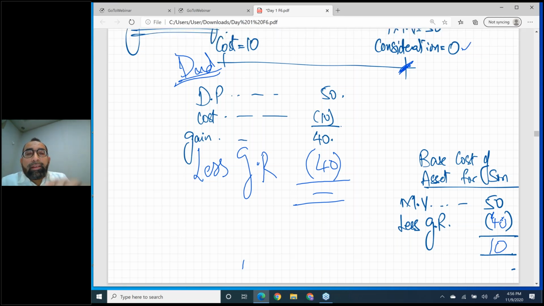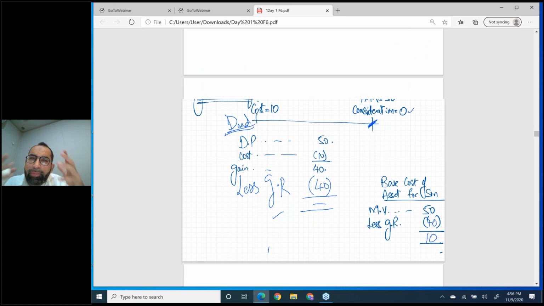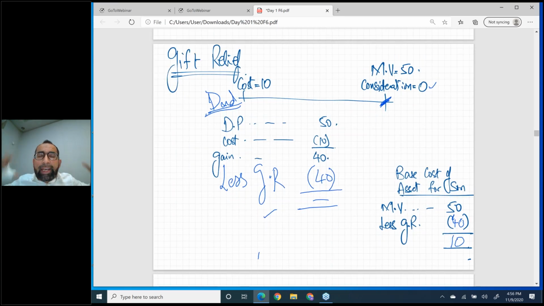Now just think, when you have reduced the base cost of the asset for the son, automatically future gains for the son will be increased. Now for this topic I'm giving you some logic. Sir, what is the advantage of gift relief? Listen, dad transferred the business to the son and there is no immediate tax on the family.